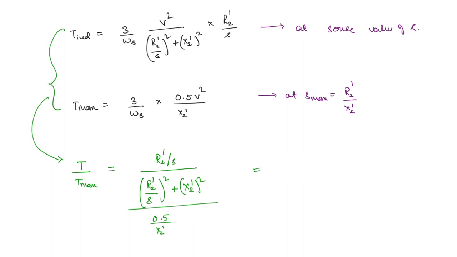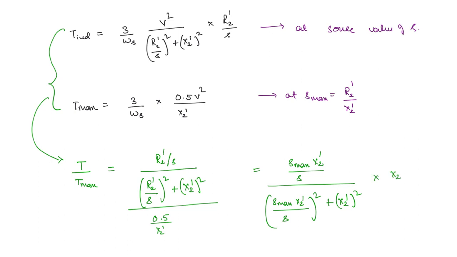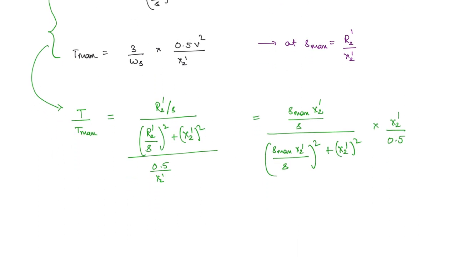Then you are going to get S max X2 dash by S divided by S max X2 dash by S whole square plus X2 dash whole square, divided by 0.5 X2 dash, we can write as X2 dash by 0.5. So X2 dash will be cancelled.